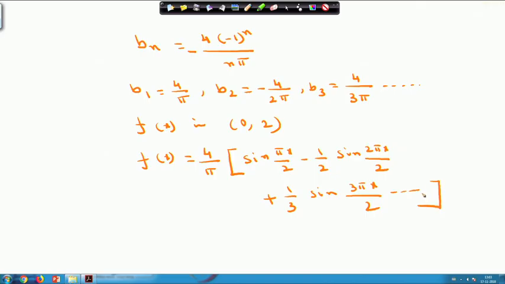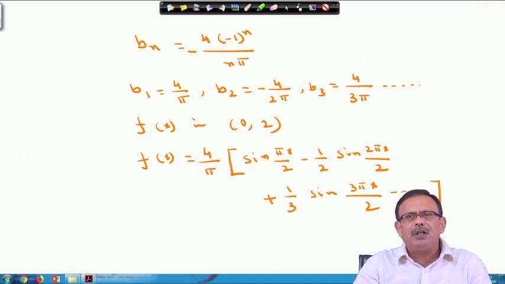So, I think it is clear that whenever the function is given to us and we have to find the half range sine series, in that case we are extending the function in such a fashion that it will be symmetric around the origin, and we are extending it from 0 to minus 2.